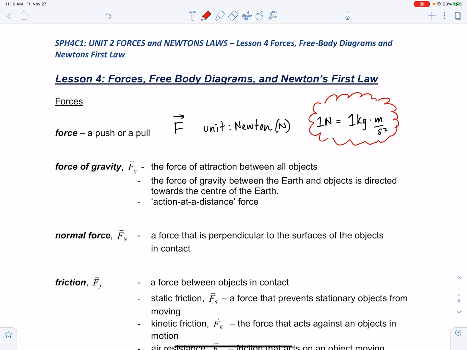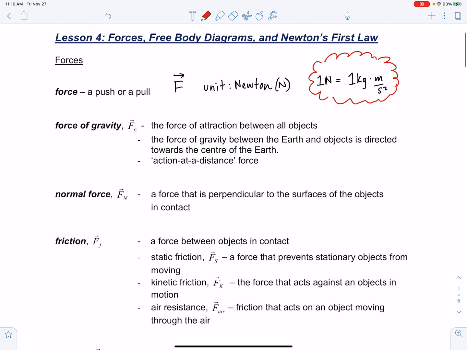Let's talk about some everyday forces that we encounter. The first one is the force of gravity, and we give it the symbol F with a subscript little g. This is defined as the force of attraction between all objects. The force of gravity between the Earth and objects is directed towards the center of the Earth, and it is what we call an action at a distance force.